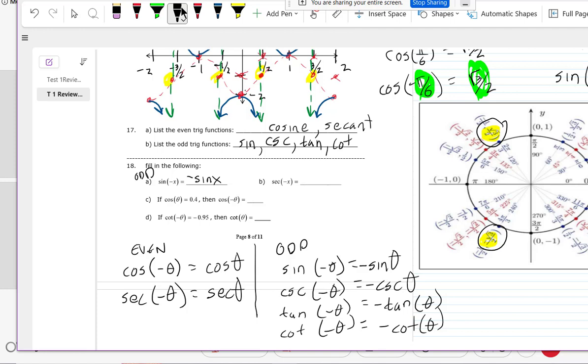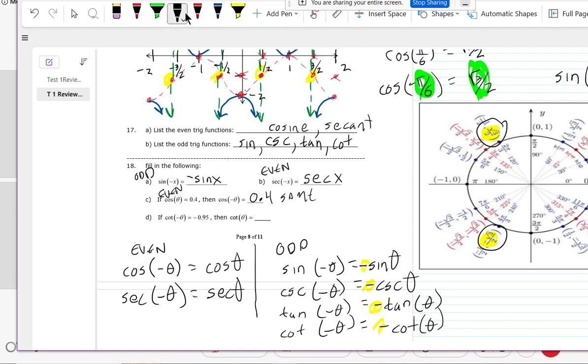Part B, the secant is an even function, so that will give you not the negative, but the same thing. Realize if you have an odd function, you're going to have that negative in front of the trig function. C, a cosine is an even function. So if you do cosine of negative theta, you get the same thing.